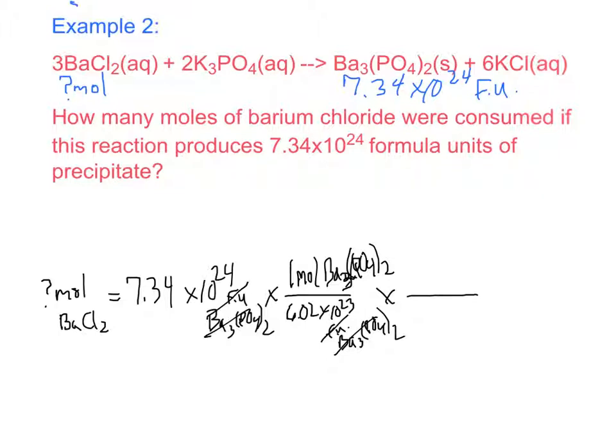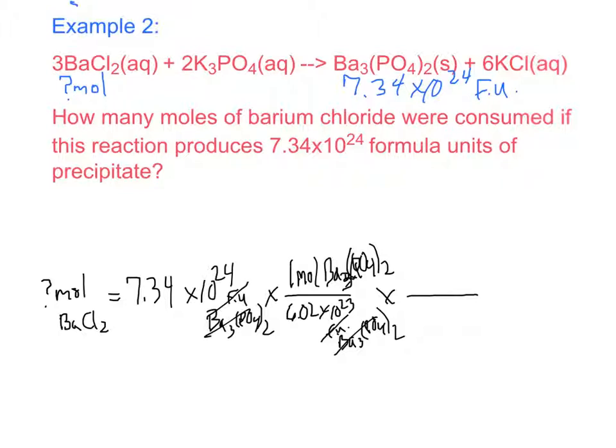Okay, so since my output is asked for in moles of barium chloride, what I now need to do is relate moles of this substance in the reaction to moles of barium chloride. And I can see that there's no coefficient here, so that's a 1. So in other words, for every 1 mole of this I get, I had to use up 3 moles of that. So it's a 1 to 3 or 3 to 1 ratio.